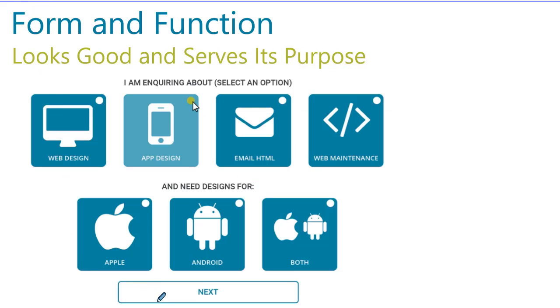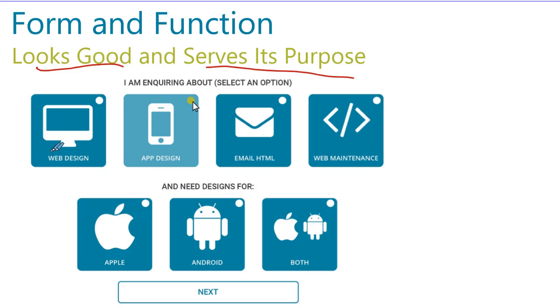Now let's see an example where we have form and function. It looks good and serves its purpose. Okay, so it's the same concept here. We need to create an online form for customers to fill out. And check this out. So we can see these beautiful uniform icons. It all looks good, all looks professional, all looks amazing.